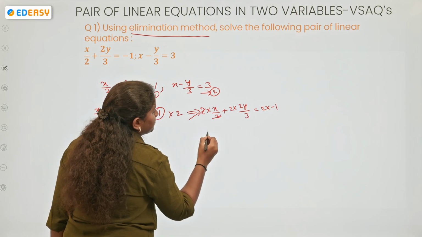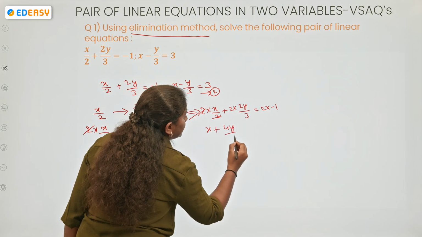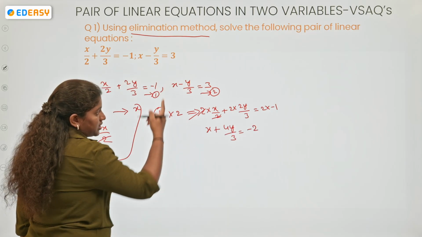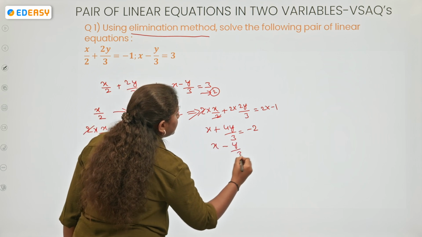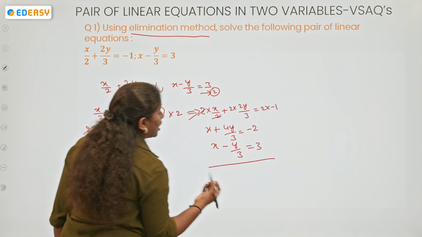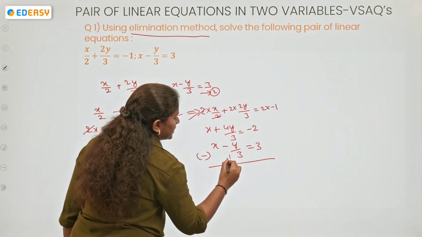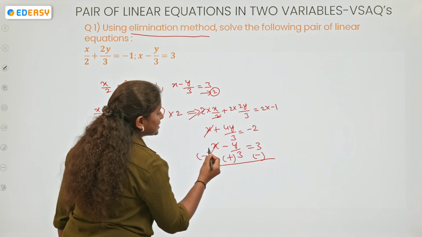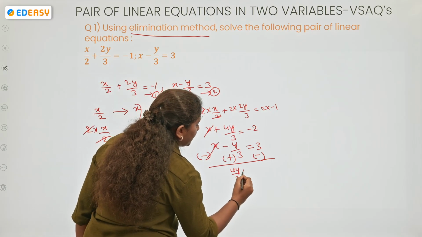So, 2 cancel, x plus 2 into 2y, 4y by 3, and 2 into minus 1, minus 2. Clear? Now write the second equation, x minus y by 3 equals to 3. Now in order to eliminate x, what we need to do? Subtraction. Minus plus minus. Plus x minus x cancel.